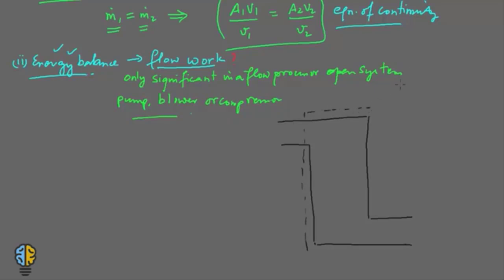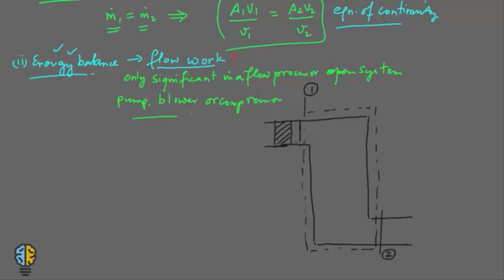Okay, so this is the boundary. Now let's assume that this is section 1 and this is section 2. Let's put an imaginary piston over here. We'll talk about this in a moment.